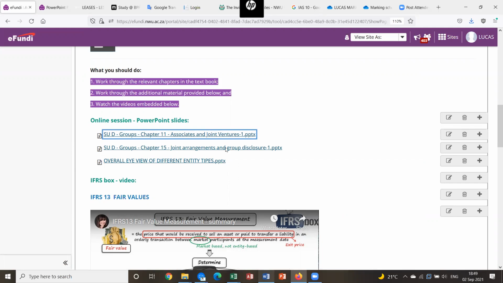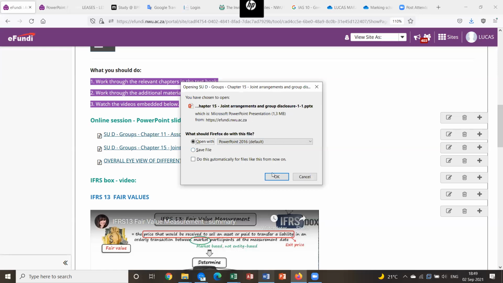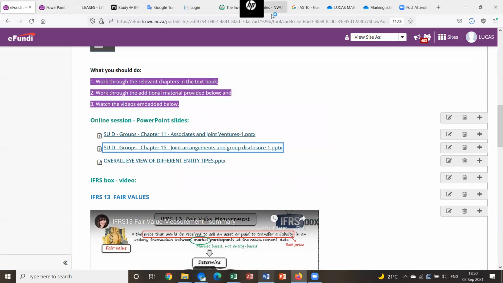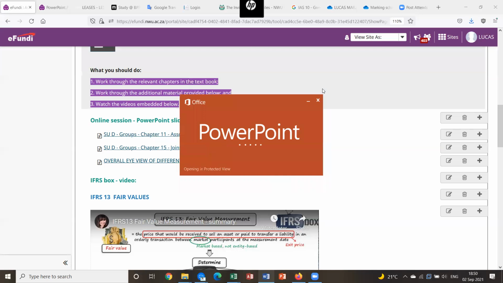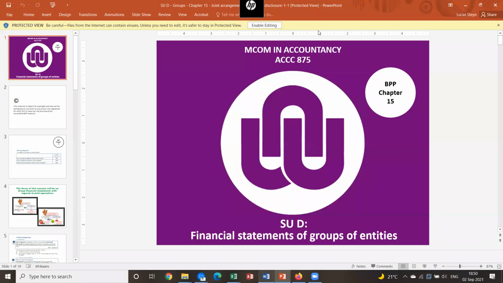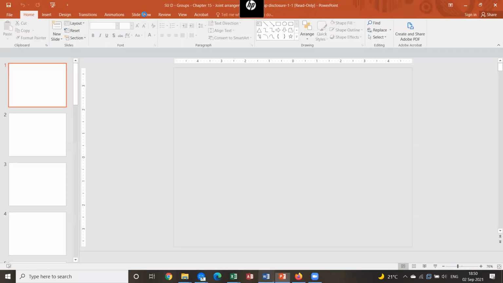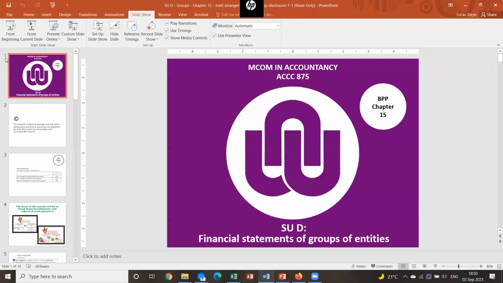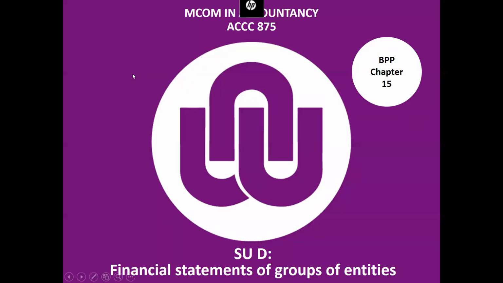So the last part of today's session, we're going to look at joint arrangements and make sure you guys understand what we need to be able to account here. Just want to make sure, can you guys still see now the screen where the purple is for chapter 15?